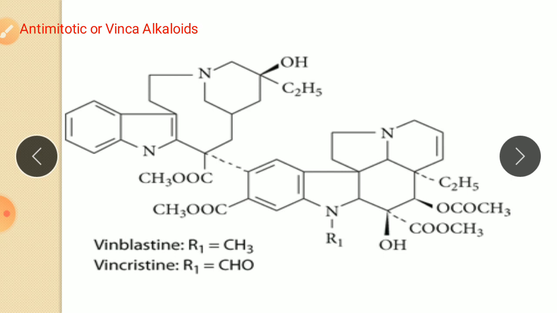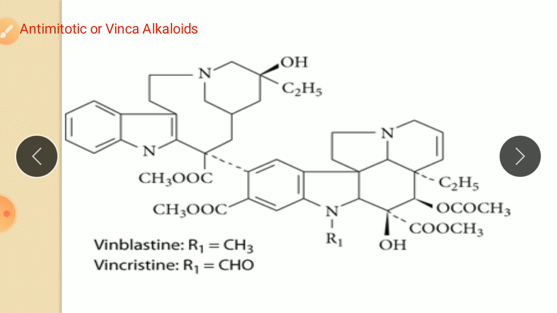This agent enters the cell by passive diffusion. Then this agent accumulates in the cell with intracellular concentration 5 to 500 folds higher than extracellular concentration. Once in the cell, the vinca binds to tubulin, disrupting formation and function of the mitotic spindle.